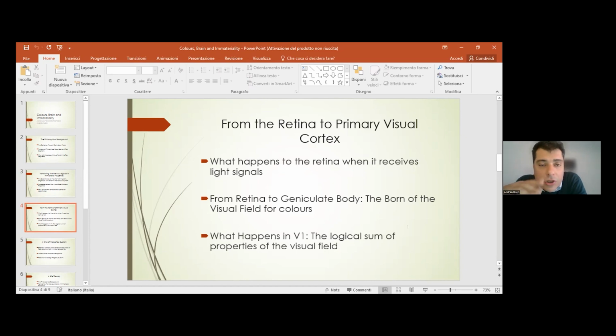From the point of view of the transcendent, immaterial properties of the visual field, there is a logical sum of colors and so on, while in brain elaboration what is computed, from the material point of view, are biological and neurological coordinates, while in the transcendent immaterial field of our vision of colors, there is the logical sum of points of colors.